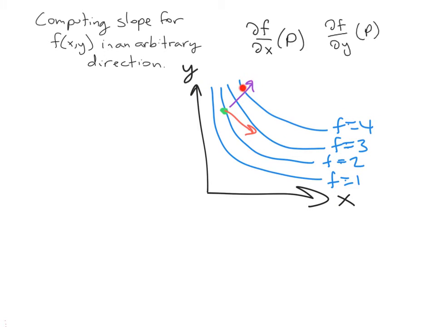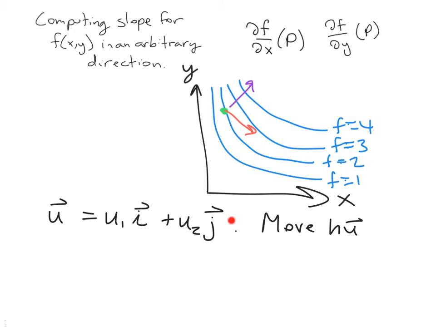One way to identify this slope is to consider what happens if we move a distance h along this direction. We can see how much the function changes when we move a distance h, and then we can make h smaller and smaller and smaller, taking a limit to get that instantaneous change along this direction. Our arbitrary direction is u1 i plus u2 j.